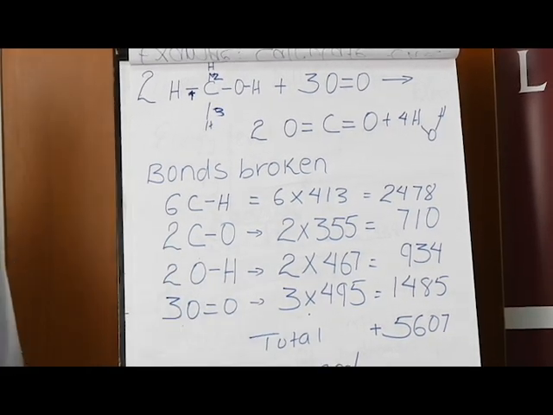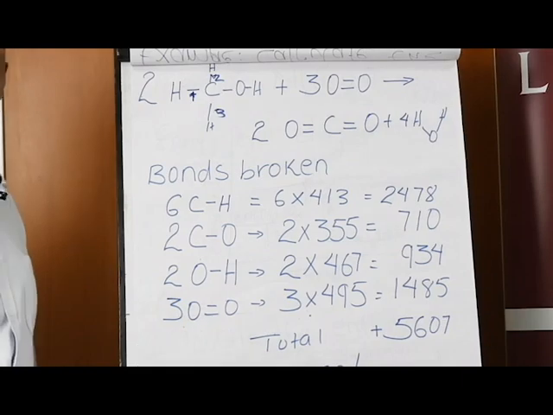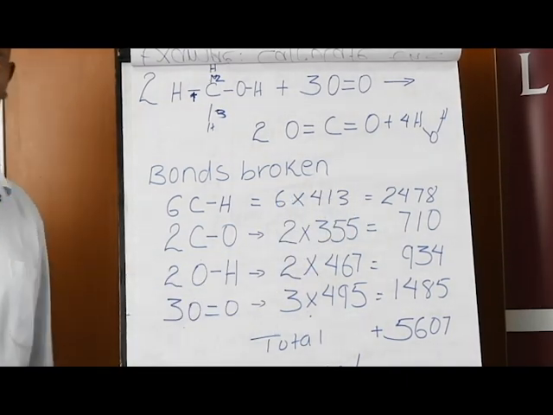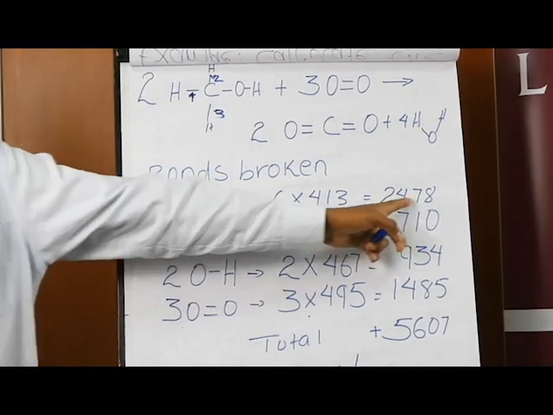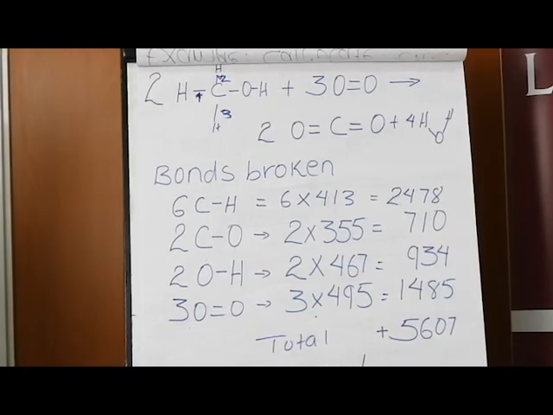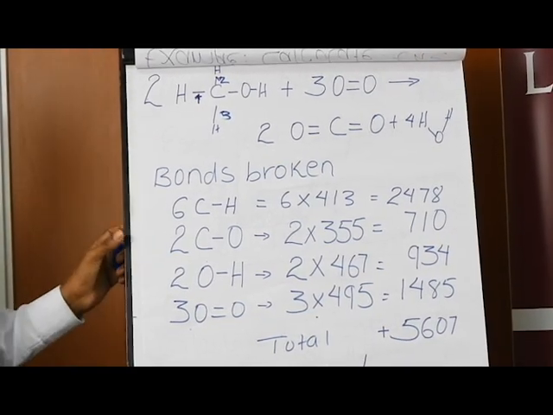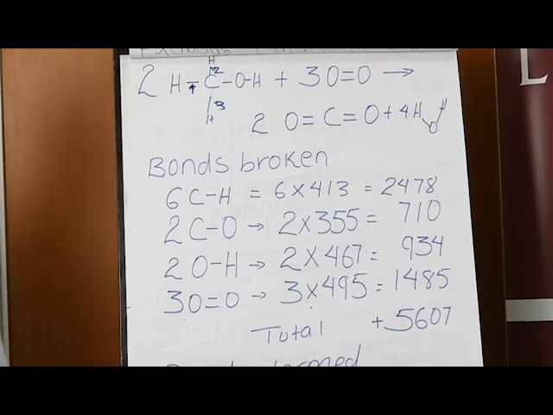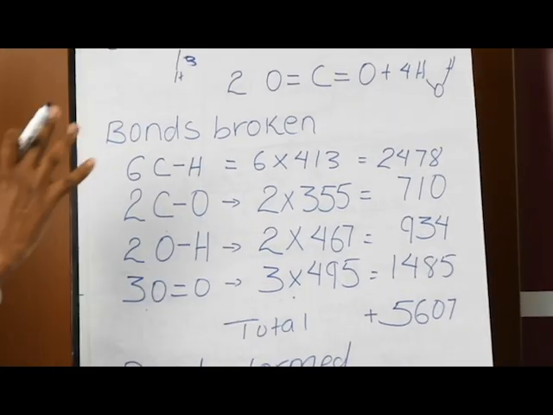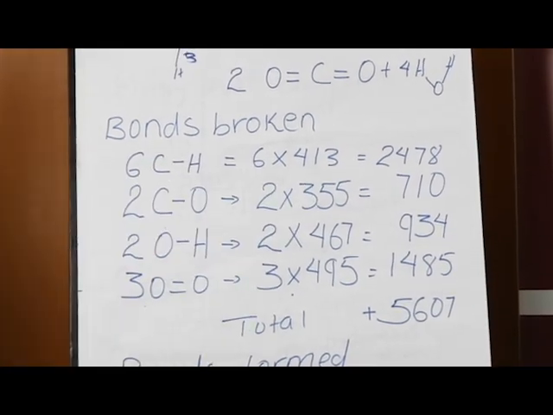According to the data I was given, each carbon to hydrogen bond requires 413 kilojoules. So a total of 2,478 kilojoules will be required to break all the carbon to hydrogen bonds.